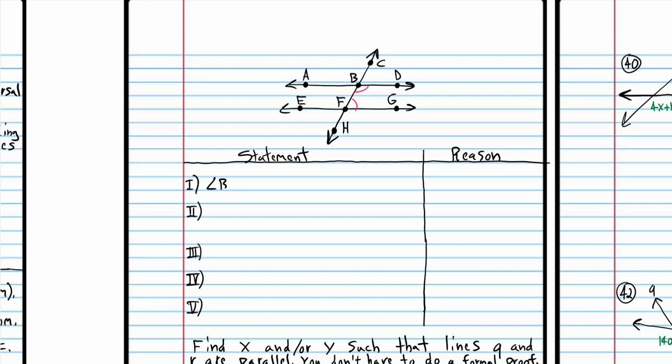Angle BFG and angle FBD are supplementary angles, and that is given. So we're going to show that if those angles are supplementary, then the lines AD and EG must be parallel.